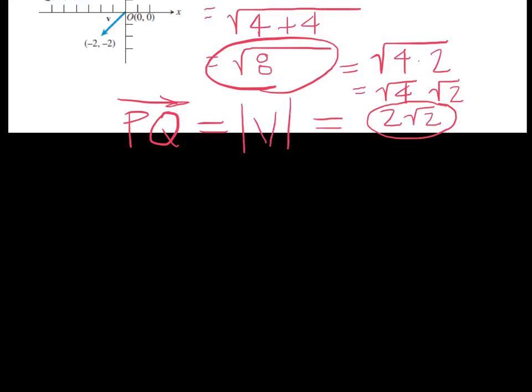This means absolute value of the vector. That's what this symbol means, magnitude. I'm just going to write here, magnitude is 2 root 2, which means that's the distance it's traveled. One of the reasons I had to do the distance formula for that is because it was positioned someplace other than the origin.